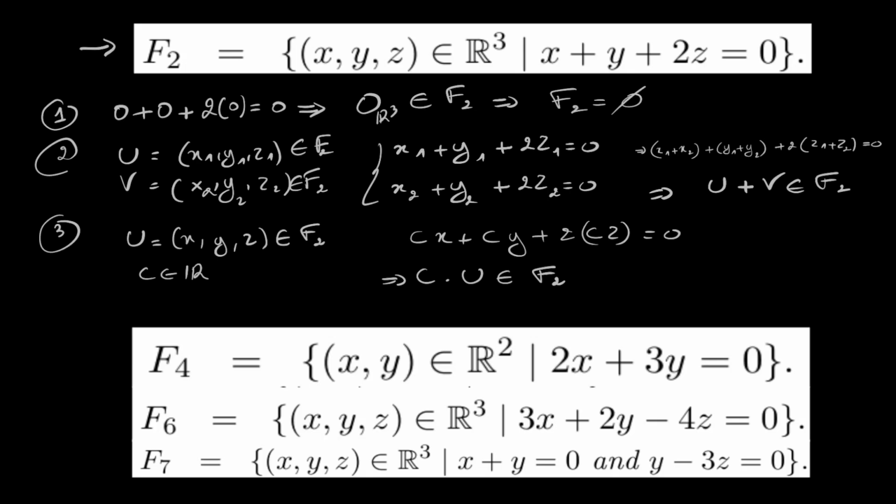Since all three conditions are met, F2 is a vector subspace.